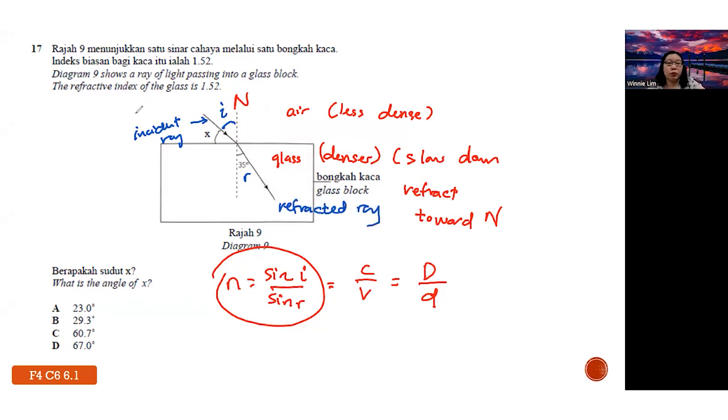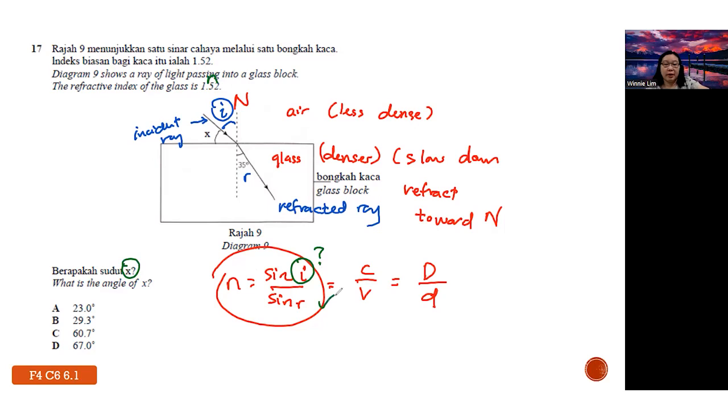To get X, you need to find the incident angle first. The question says the ray passes through a glass block and the refractive index is 1.52. So this is referred to as n. They want you to find X. Like I mentioned, you need to find i first, and then only can you get X.